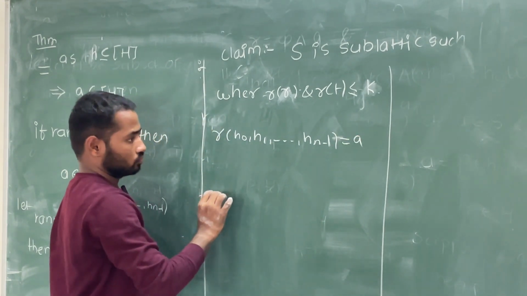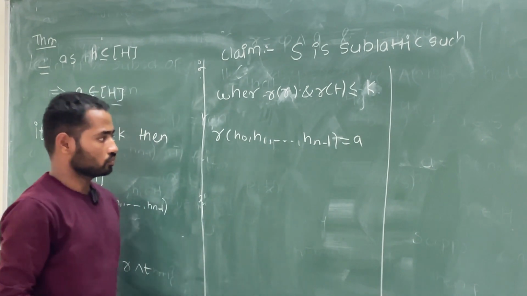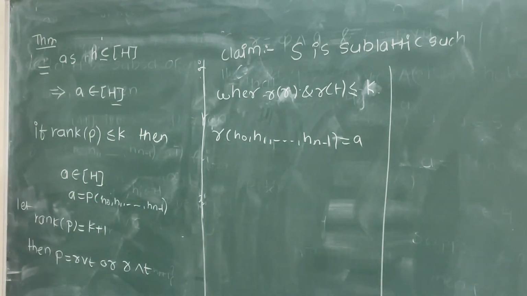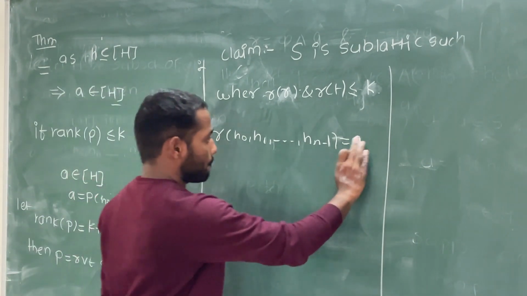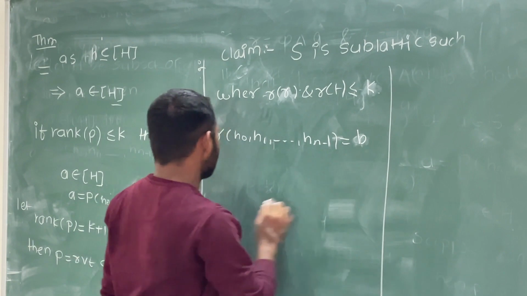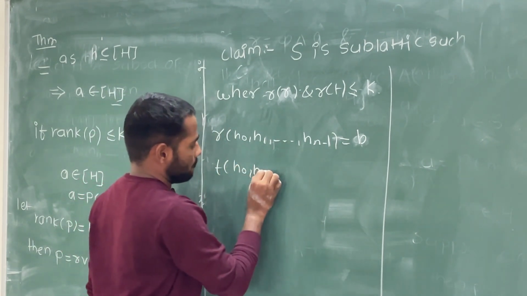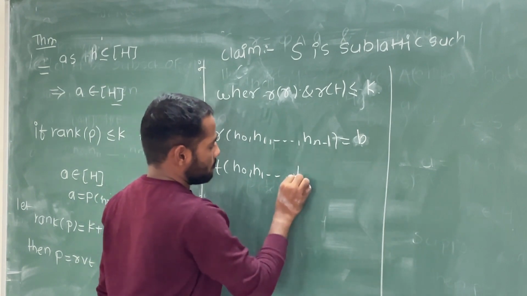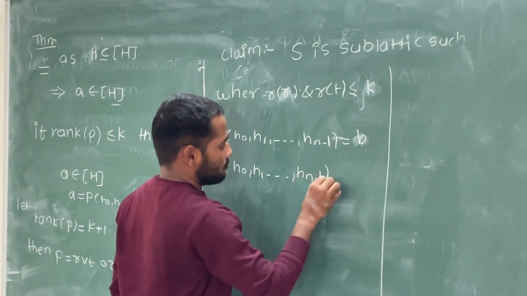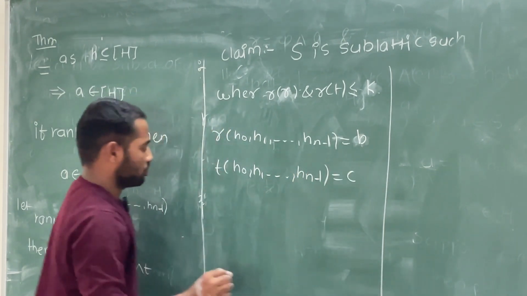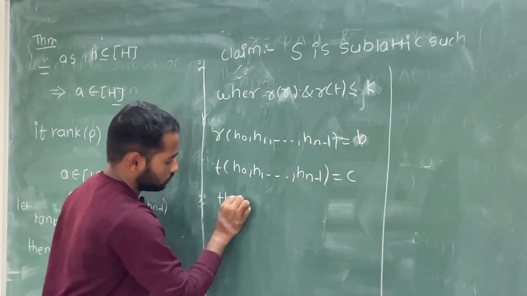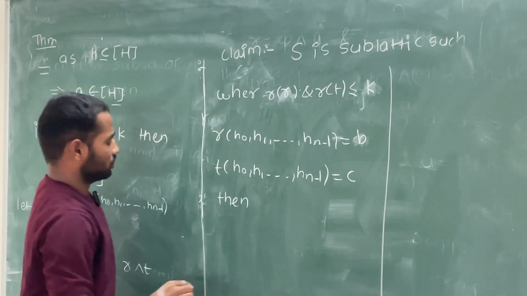It is not A. It is some value B. Say some B. Is that clear? So we are applying mathematical induction for the polynomials R and T, because their rank is less than or equal to k. When you substitute, whatever B and C are, where are they?